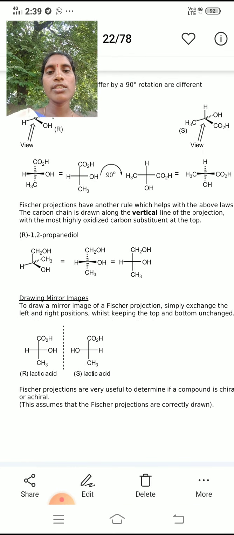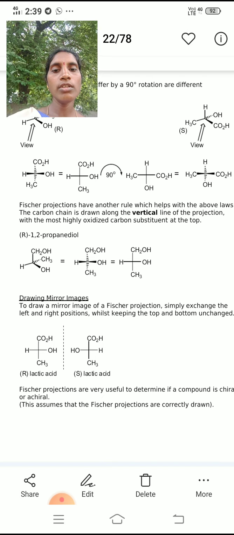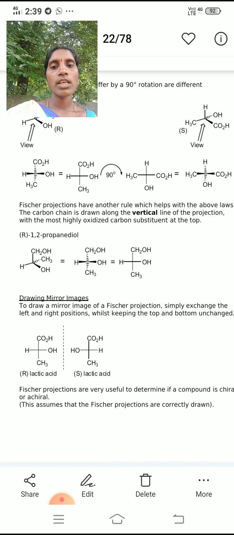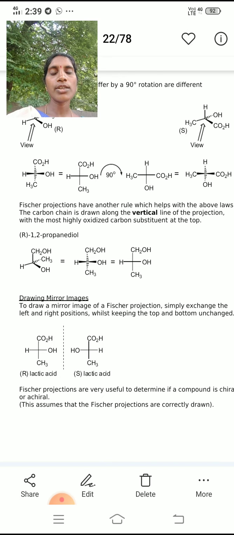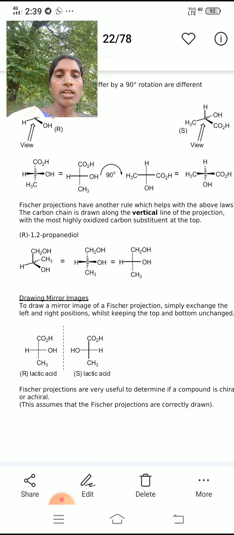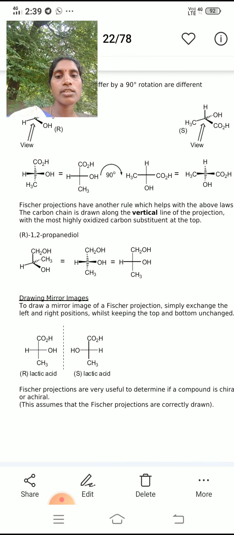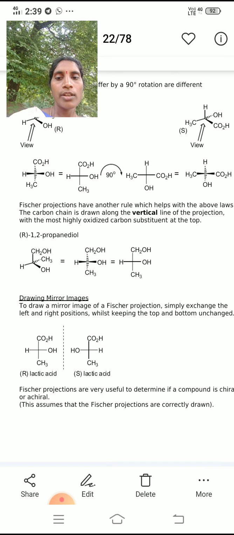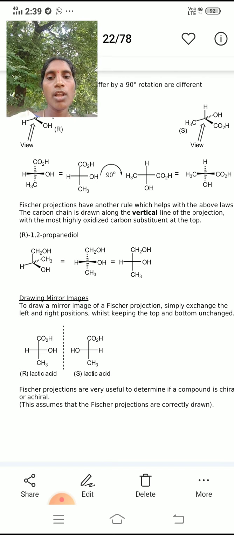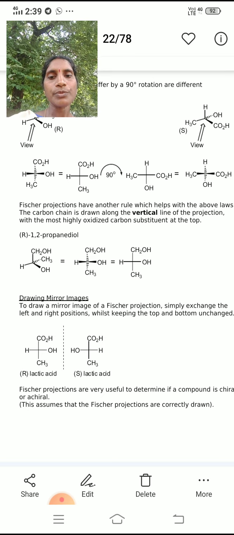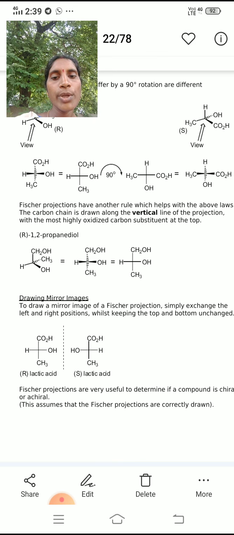Fischer projections have another rule which helps with the above laws. The carbon chain is drawn along the vertical line of the projection with the most highly oxidized carbon substituent at the top. For example, R-1,2-propanediol.